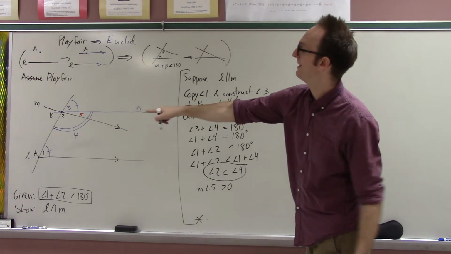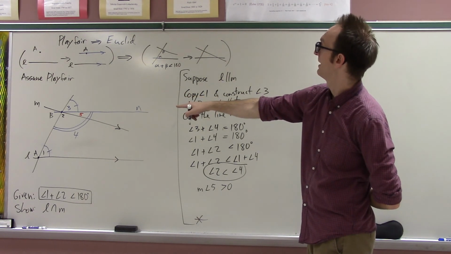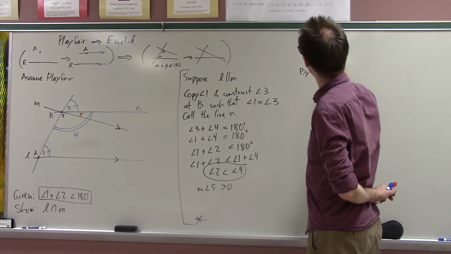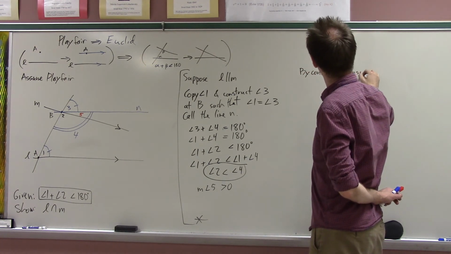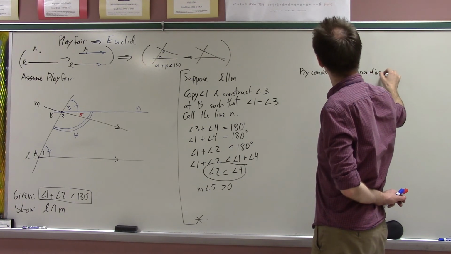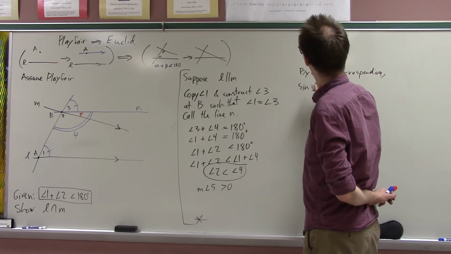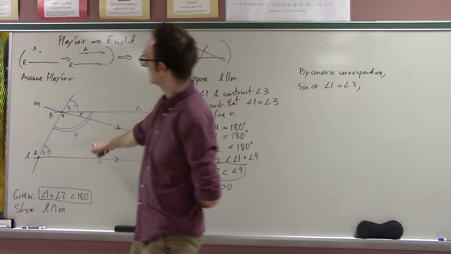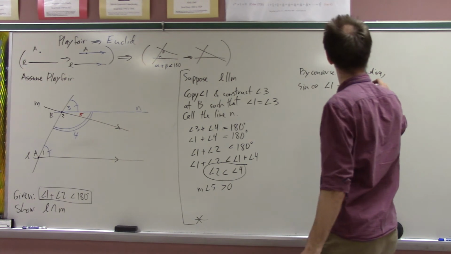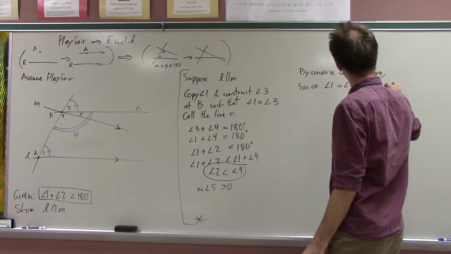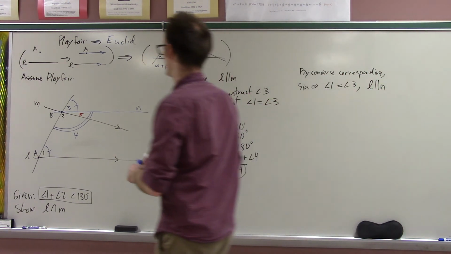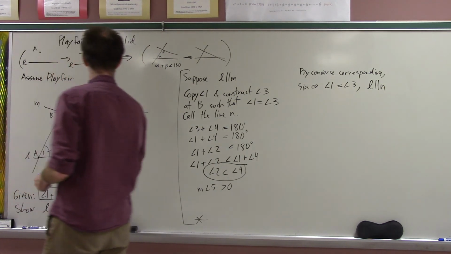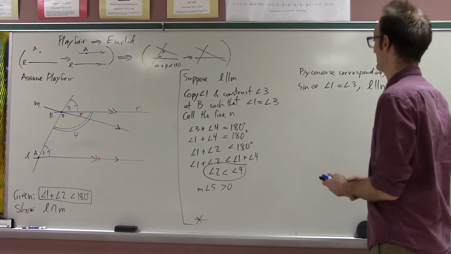Because angle 1 equals angle 3, converse corresponding says that L is parallel to N. L is parallel to N, and this just cannot be because L and N both go through B.